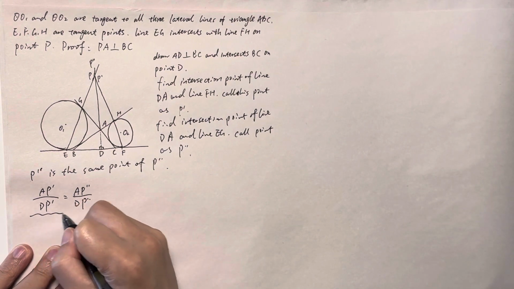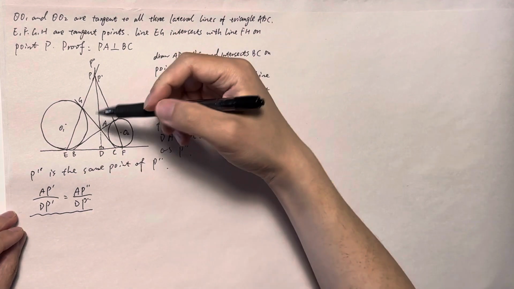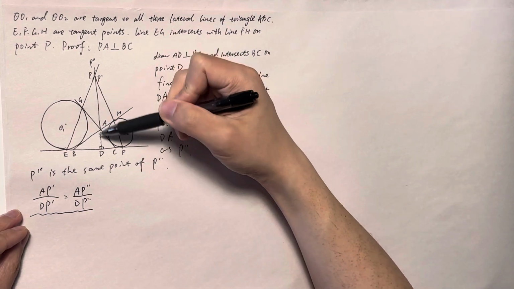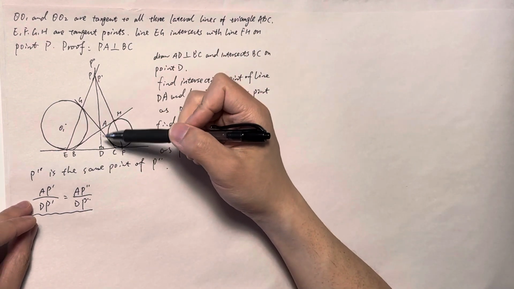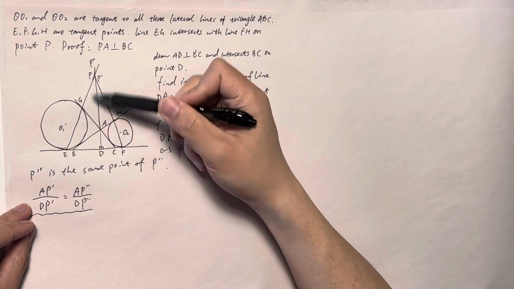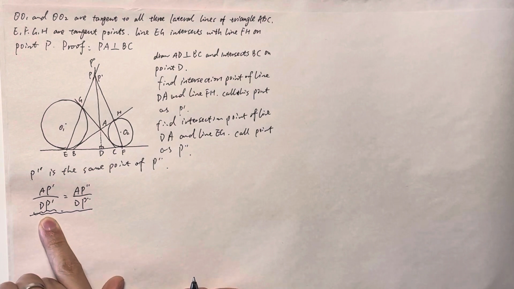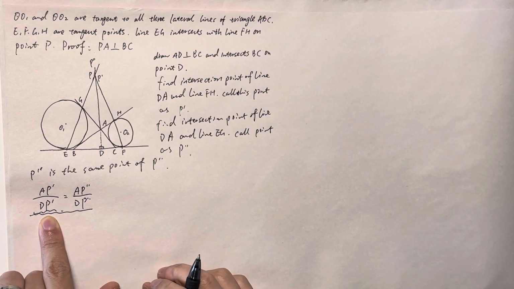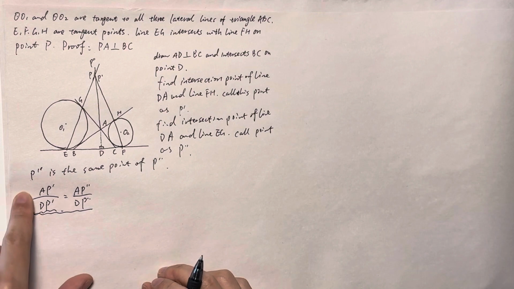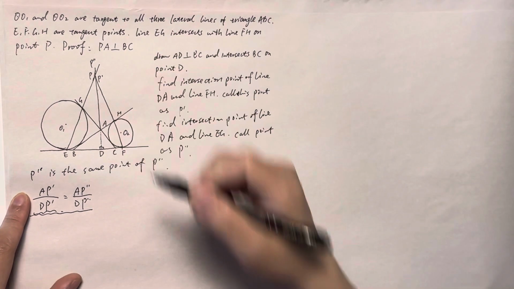So how can we have this kind of equation including AP or DP here? We want to know the ratio. This is a sign that we can try to use Menelaus theorem to find a ratio including this line.